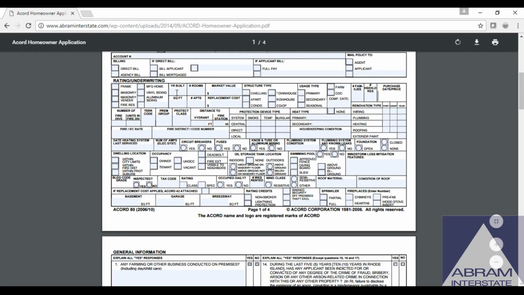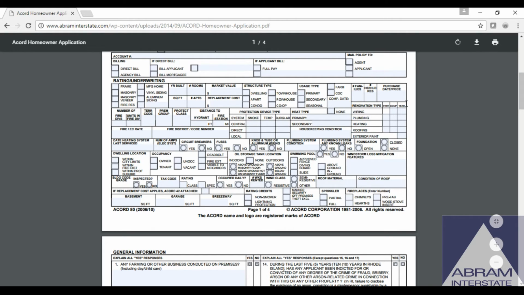Depending on how you entered your year built is going to determine how thoroughly we need this information answered on renovation type. For instance, if the home was just recently built in 2010, it's not going to be necessary to enter any renovations, typically because they haven't occurred. However, if we are looking at a home built even in 1980, we're going to want to see some renovations here.